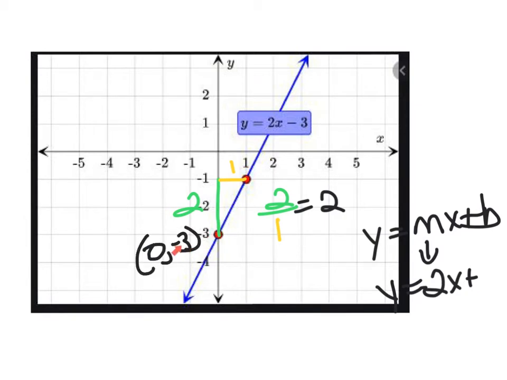So then this -3 becomes the b. So we found the slope of 2 from rise over run, and then we see this point right here at -3. So we just write y equals mx plus b. So it's going to be y equals 2x minus 3, which was the equation up here. All right.